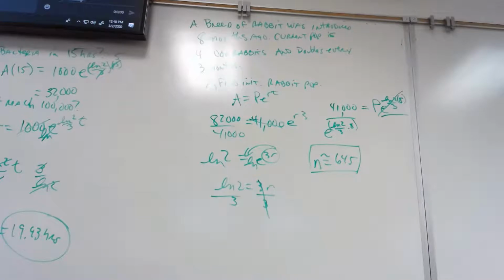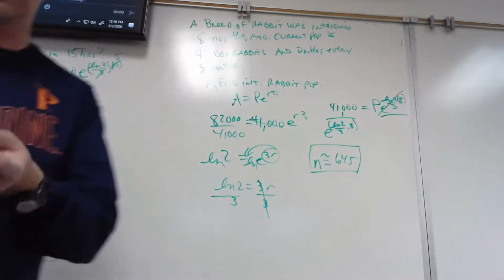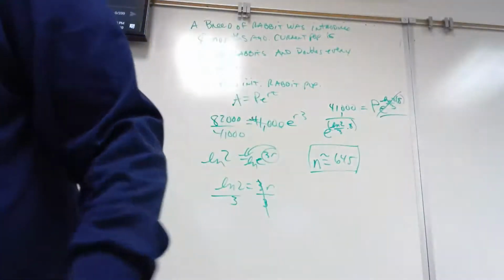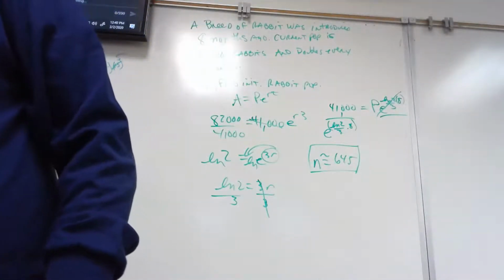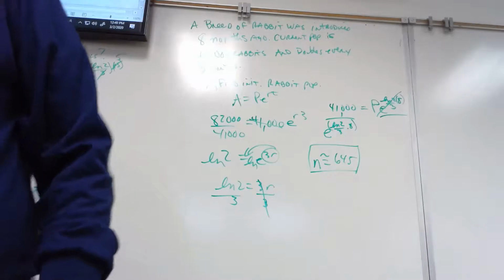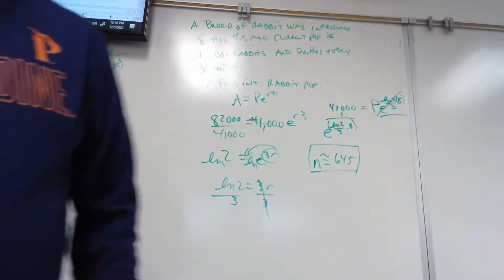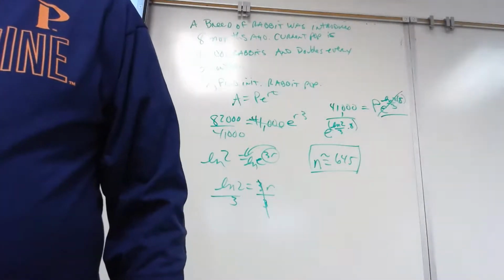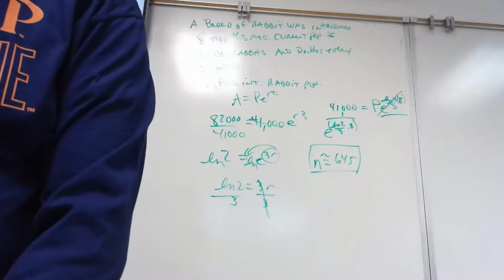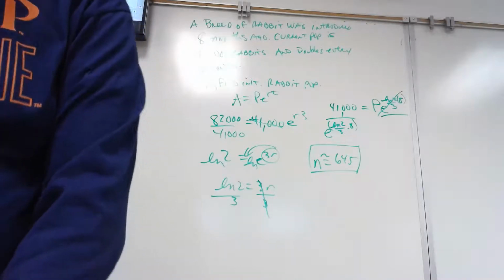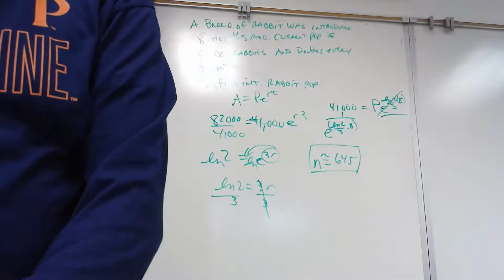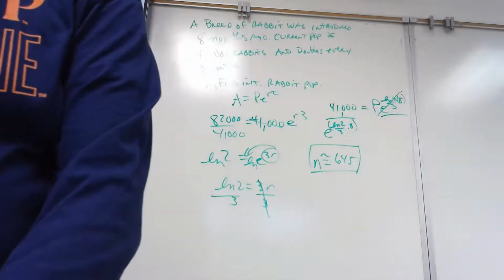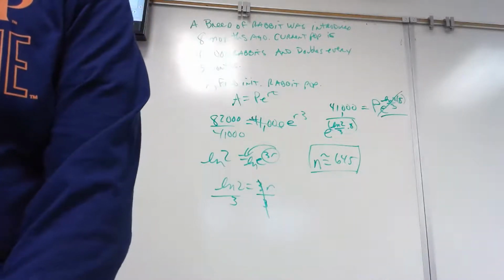Did you get it, Hallie? Neither. Let me see what I would do on Excel. Pull up Excel, the greatest calculator of all time. So equals 41,000 divided by EXP to the ln of 2.